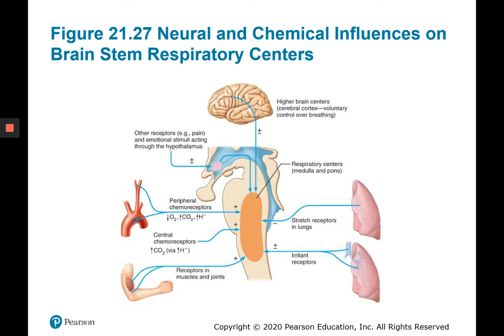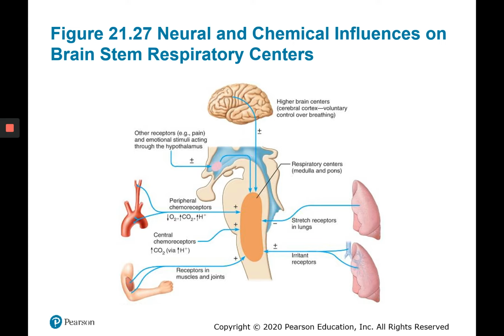So if you start at the top of the diagram of the brain, the location of the higher brain centers, the cerebral cortex is exerting voluntary control over breathing, and that would be with both excitatory and inhibitory influences on the respiratory centers.